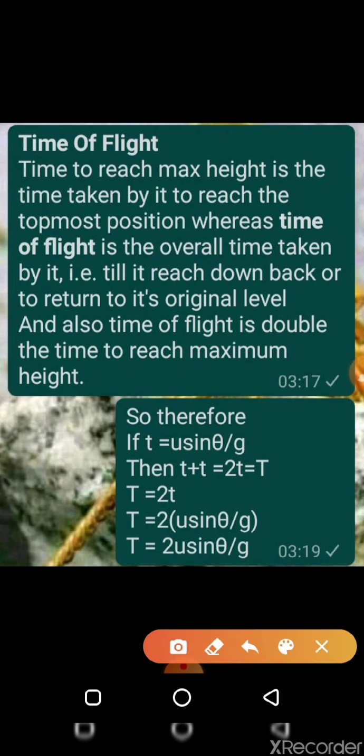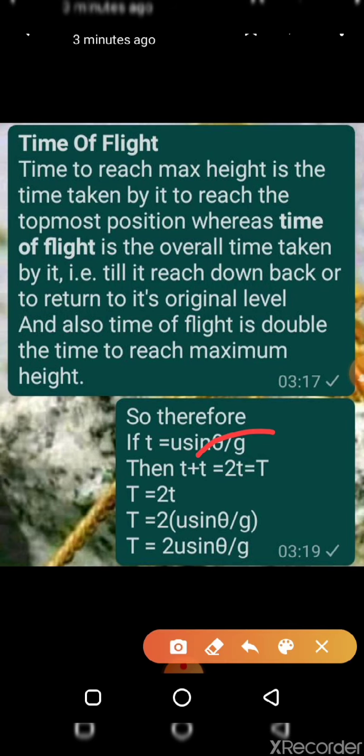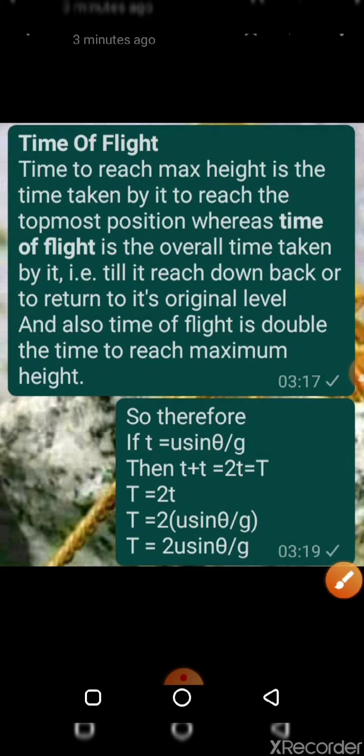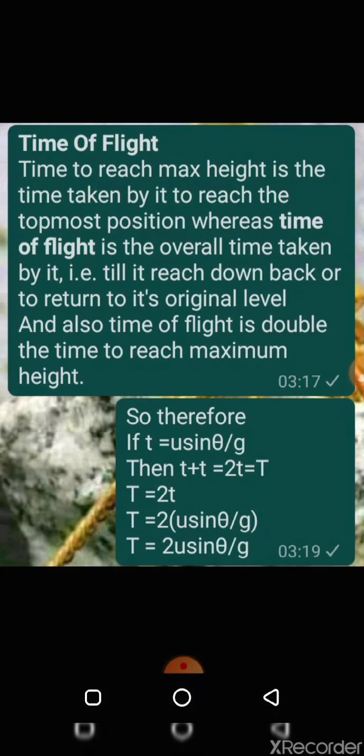So if you have the time taken to reach the maximum height as t equals u sine theta over g, and you have established that the time of flight, which is capital T, is 2 of small t, so capital T equals 2t.